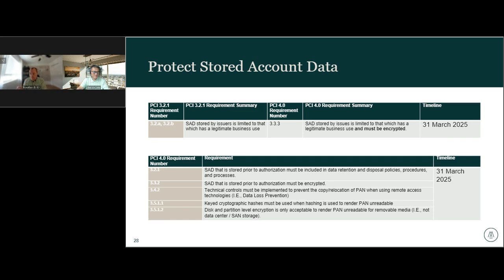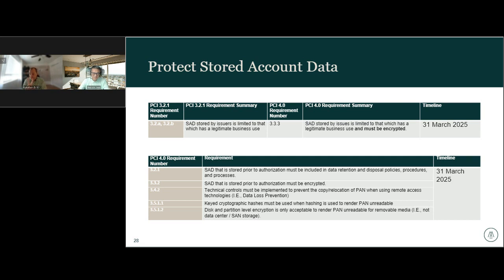And they still can with the new PCI 4.0 standards, but you can see that I've bolded that it must be encrypted post-authorization as well. And you can see that I also have those timelines in there, the 31st of March of 2025. These are ones that can actually be implemented past the 4.0 date of the 31st of March of 2024.